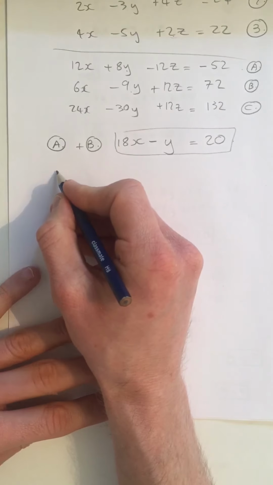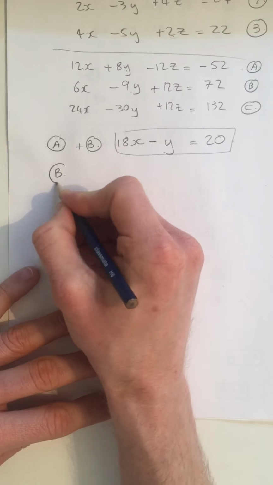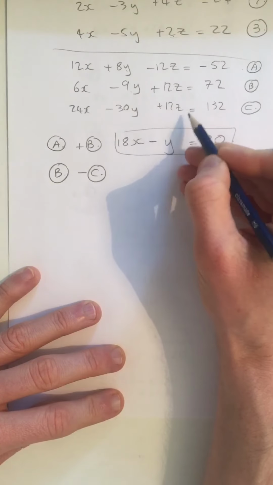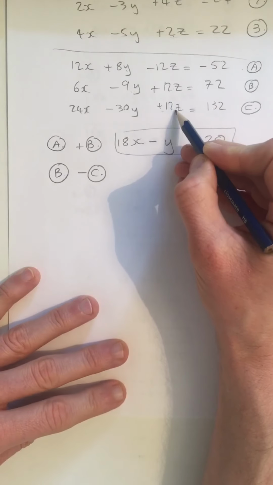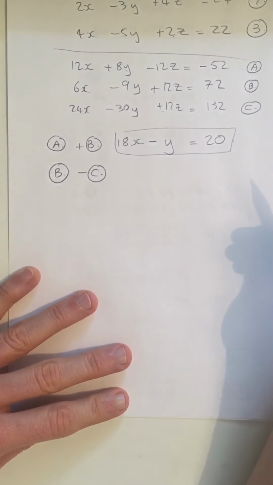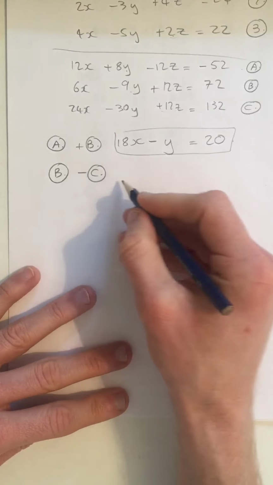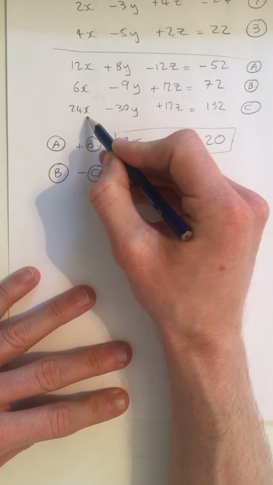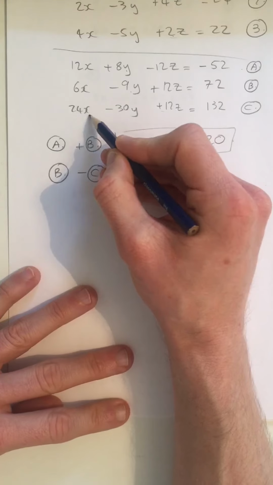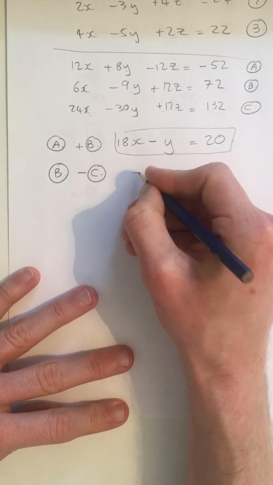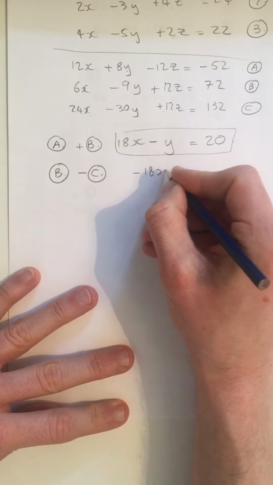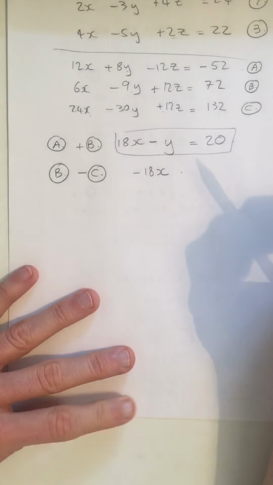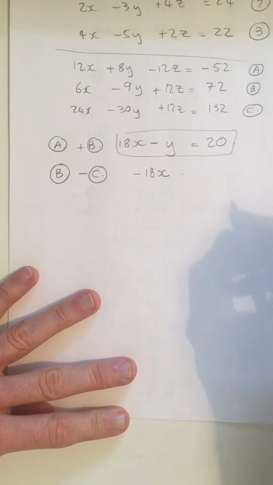I am now going to do equation B take away equation C, because I'll have 12z minus 12z, and so that will disappear as well. So doing that, I'll do 6x take away 24x, which would be minus 18x, which is a little bit awkward, so maybe I should have done C take away B instead, but it's fine, doesn't really matter.